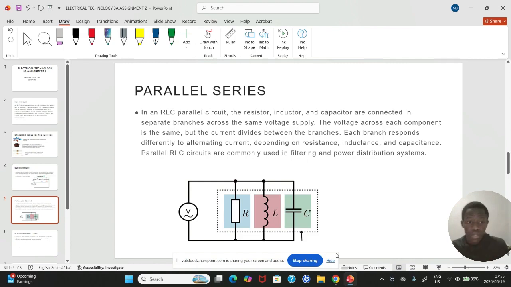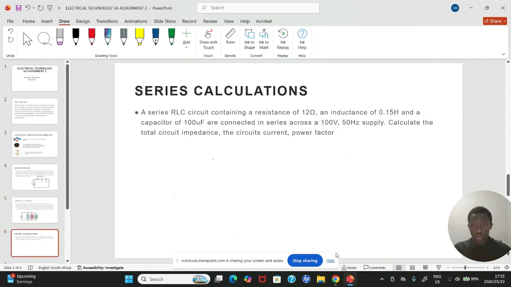Now, for the sake of time, we are going straight to our series calculations. Here is the statement. In a series RCL circuit, a resistance of 12 ohms, an inductor of 0.15, and a capacitor of 100 are connected in series across a 100 volt, 50 hertz supply.